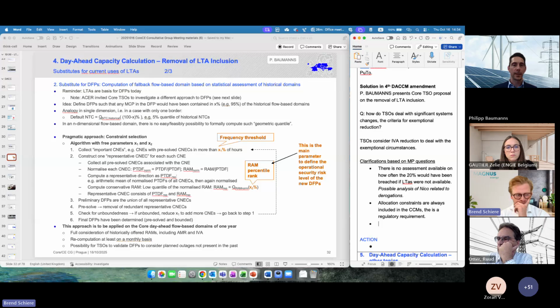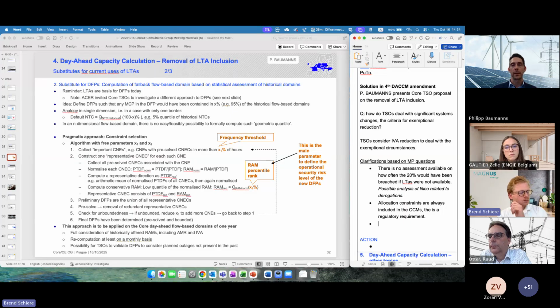But the idea is basically to collect all important connects from the past year, which have been pre-solved in more than a specific amount of hours, which we call the frequency threshold, and then construct one representative connect for each CNE. So there might be different outages for one CNE, but we want to construct one representative.